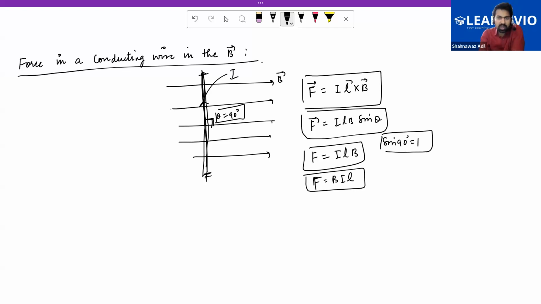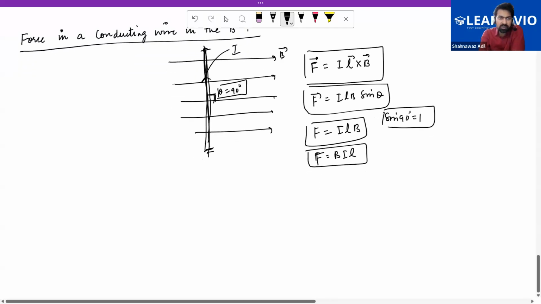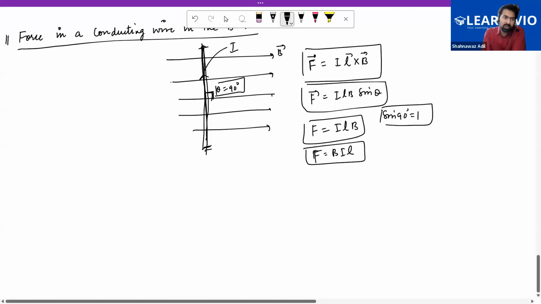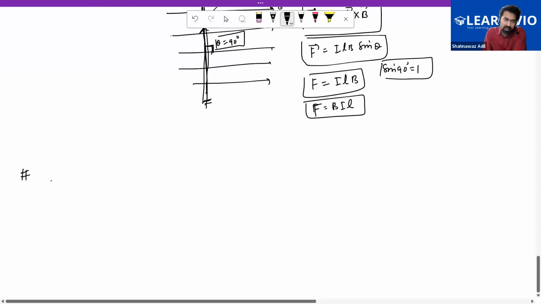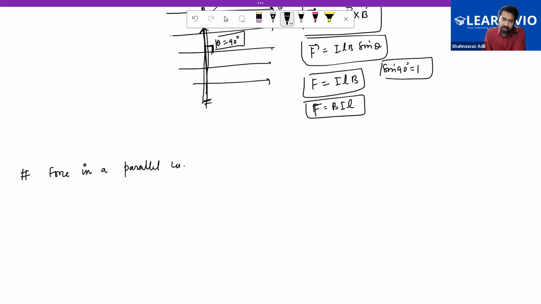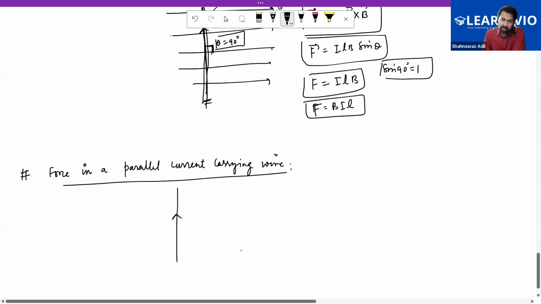And now, what would be the force between two parallel current carrying wires?